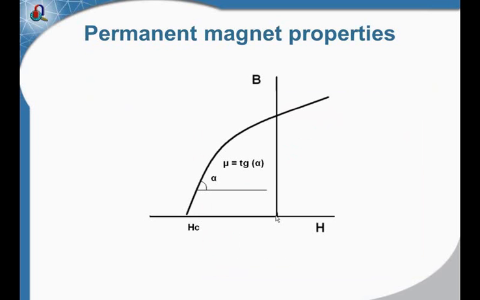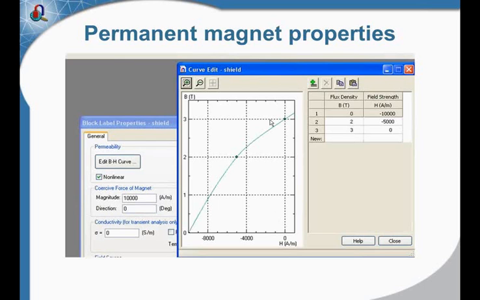After you specify coercive force, your curve will be moved to negative values of H, and the same procedure will allow you to specify the table of pairs of BH values to define the curve. If this checkbox is switched on, you will specify the curve. If it is switched off, you will specify just one value of mu, which is the tangent of the slope of the curve.